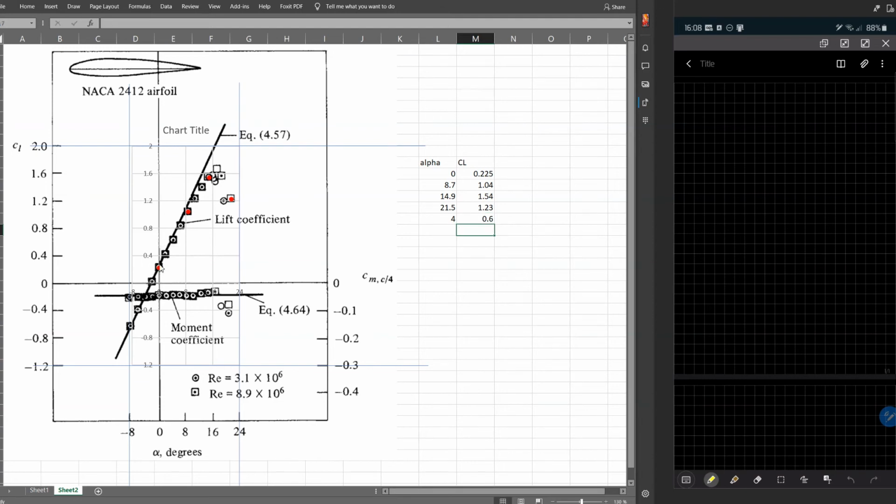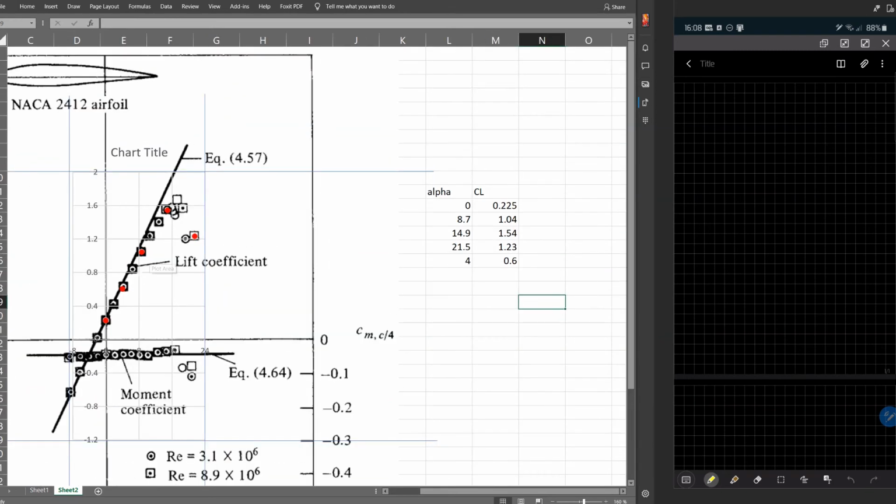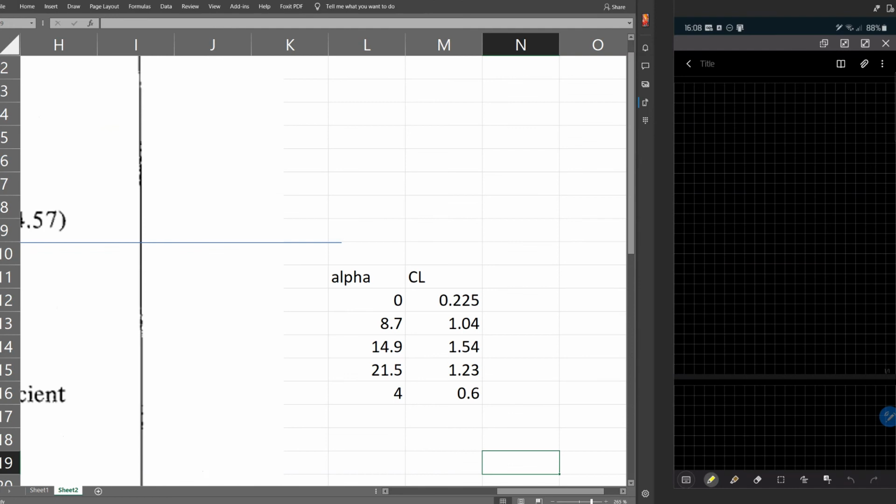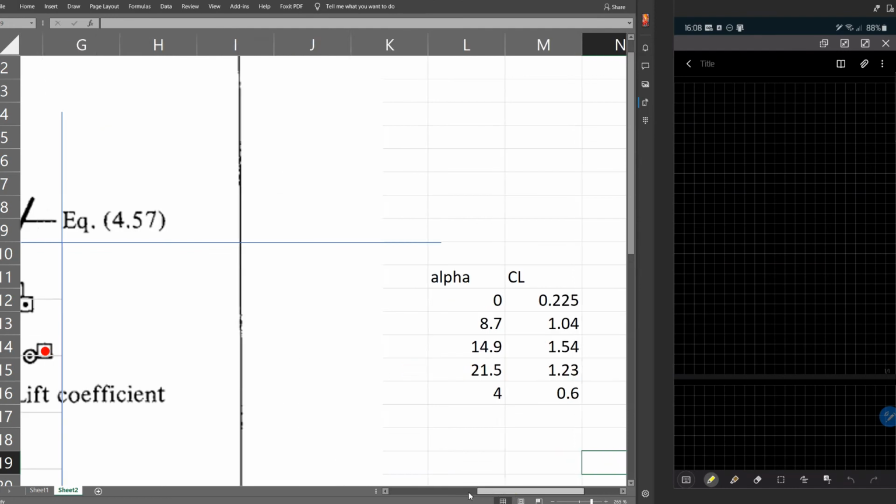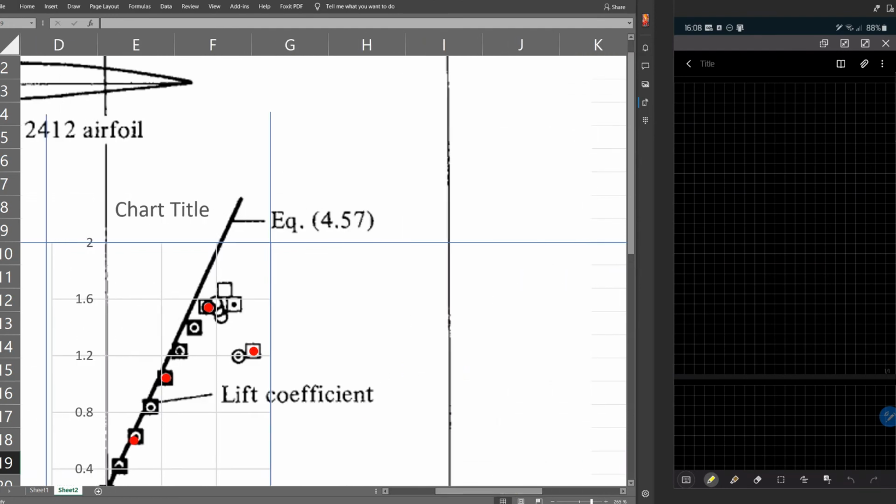Now this point does not appear, but if I click on my graph and I just extend the area of data from my graph, I see that this point already appeared. This point right here is not exactly on the experimental point. So I will just zoom and I will look carefully.